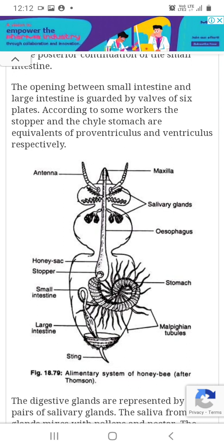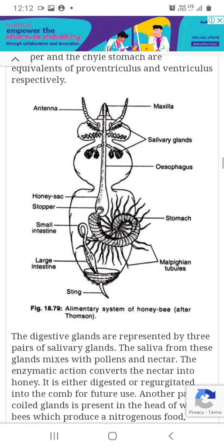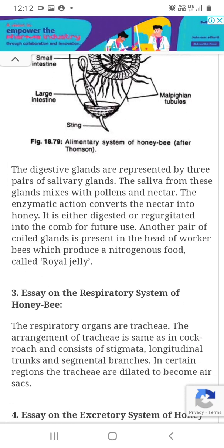Some workers consider it as the stopper, and they suggest that the stomach are equivalent to proventriculus and ventriculus respectively in other insects. The digestive glands are represented by 3 pairs of salivary glands.